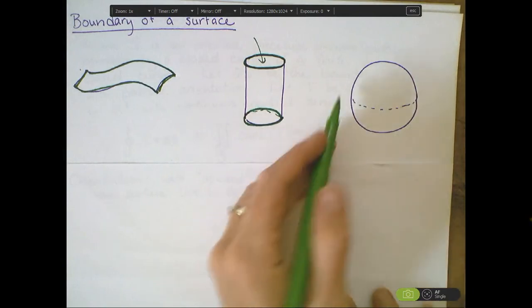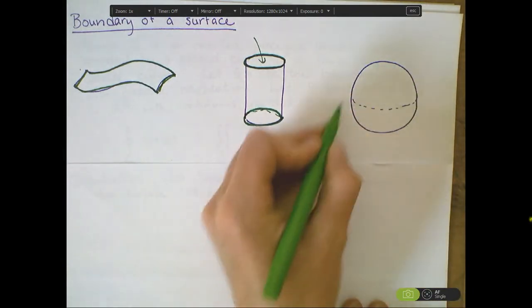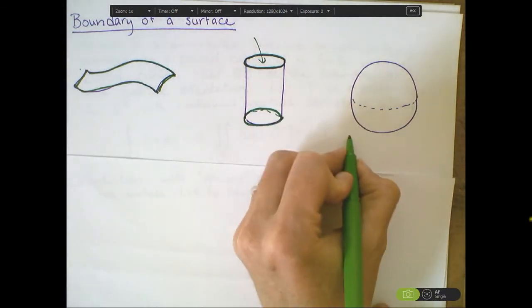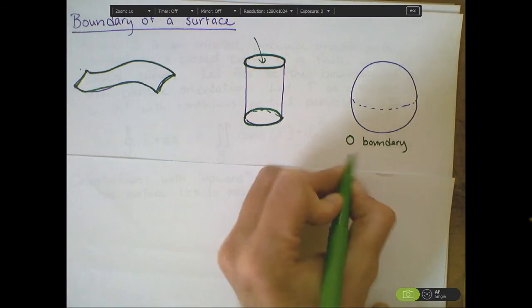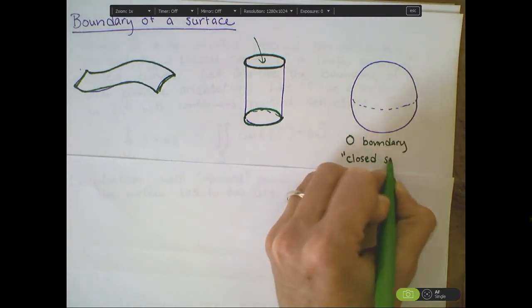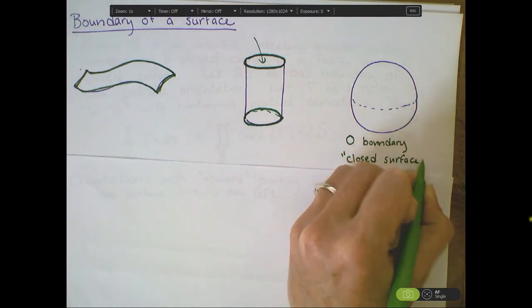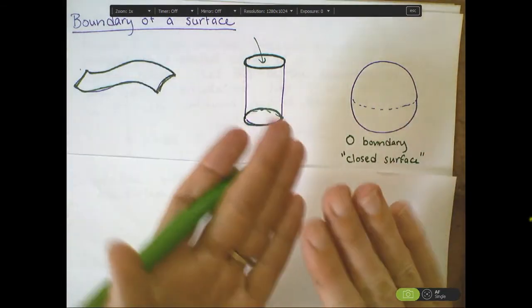And here for this sphere, what's the boundary of the sphere? You sort of want to say that it's like the outside of the sphere, but this has 0 boundary. And so we call it a closed surface. Because really there's no place where you can flip from the inside to the outside.